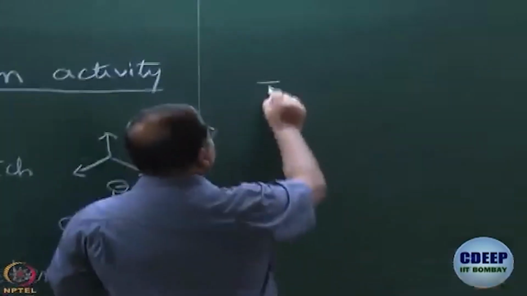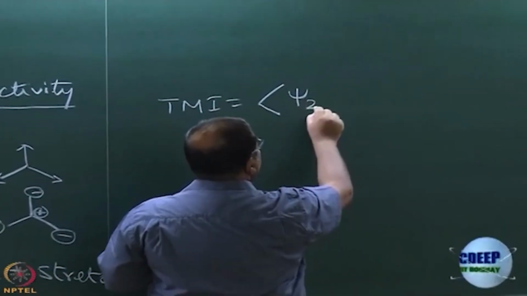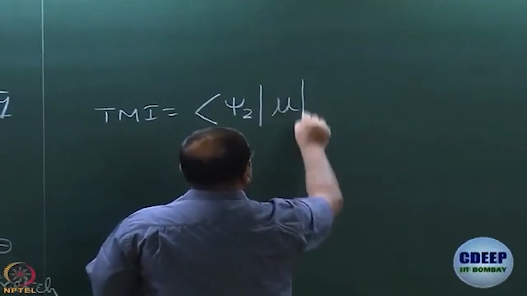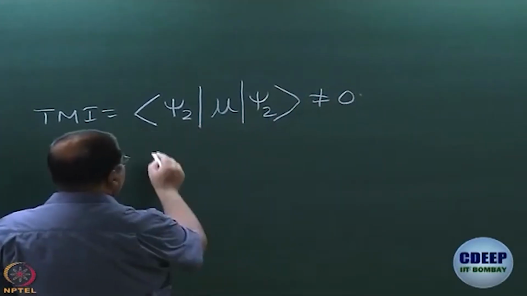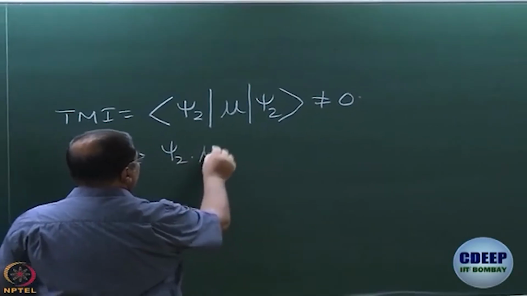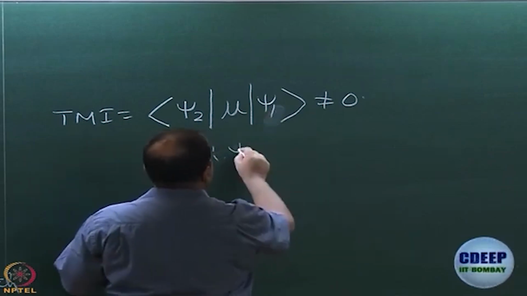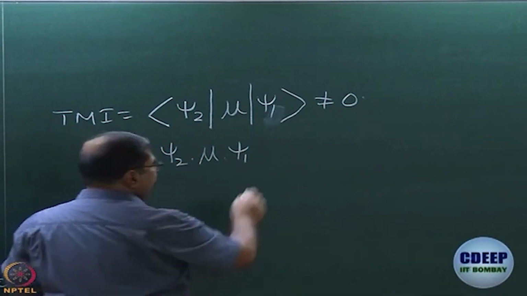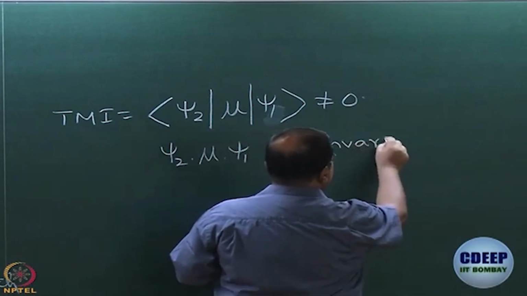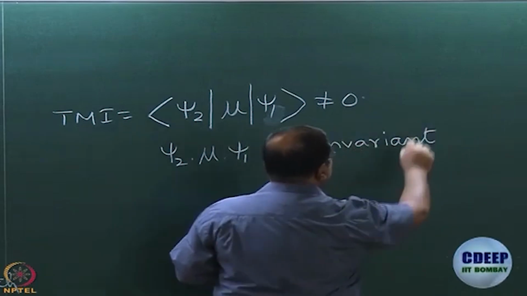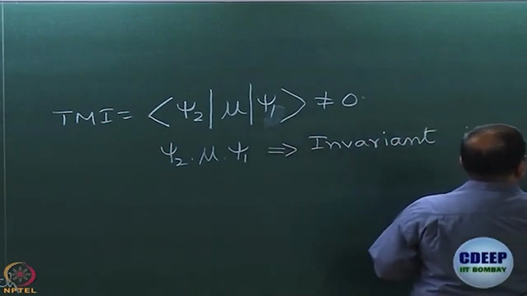We had said that if this transition moment integral is something like this, I will write psi 2 and psi 1 this time, this is to be non-zero if and only if this triple product, psi 2 mu psi 1, remains invariant with respect to a symmetry operation.